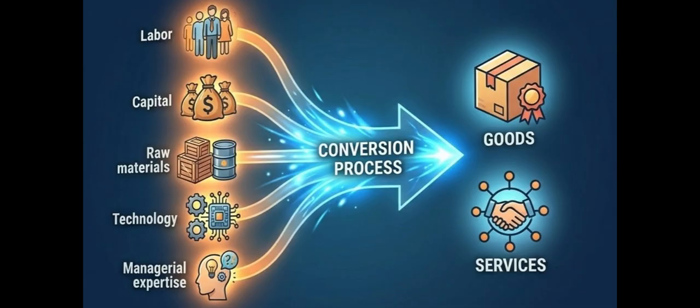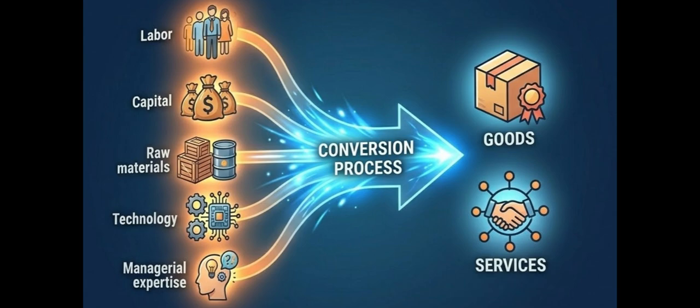Those are: number one, labor. Labor includes the people. The second one is capital. Capital is the money. Number three is raw materials like crates and barrels. Number four is technology like gears, circuit boards. Number five is managerial expertise.